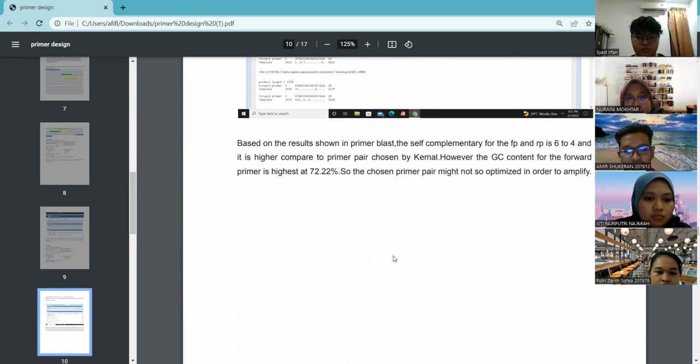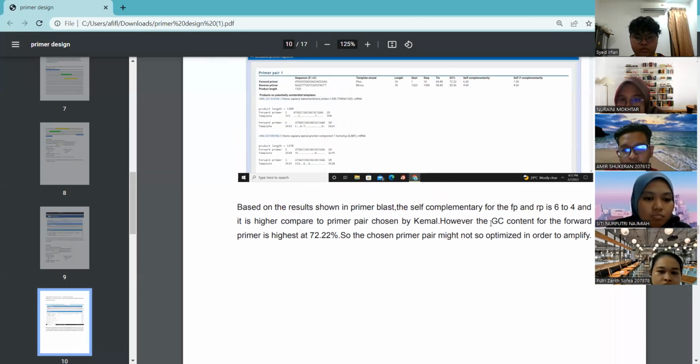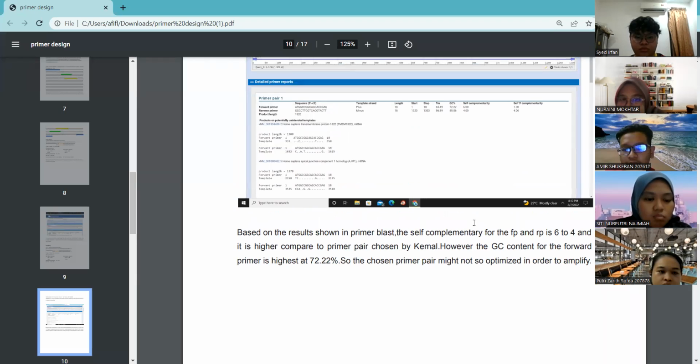I see that the GC content for the forward primer is at highest 72.22%. So I think the chosen primer pair might not be so optimized for amplification, since my self complementary for the forward primer and reverse primer is 6 and 4, which is higher compared to the pair chosen by Akmal.